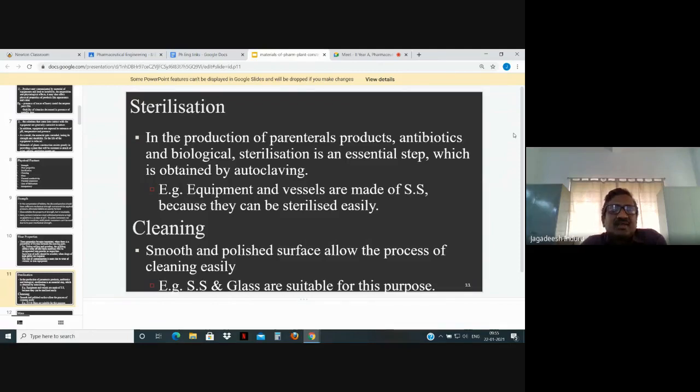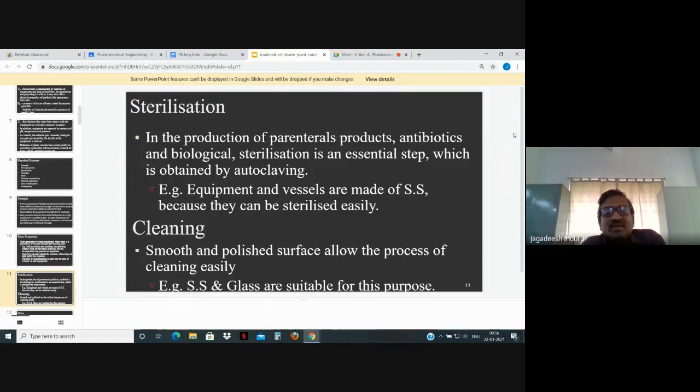So in those cases, we need to select a material which has a very smooth finish or a polished surface. For that purpose, we have mechanical rubbing of our SS, and we have electroplating, or electropolishing, to make it very smooth. It will appear like a mirror. With such smooth finish and polished surfaces, the process of cleaning is very easy.